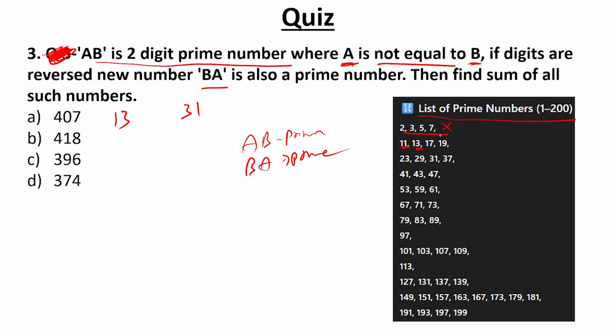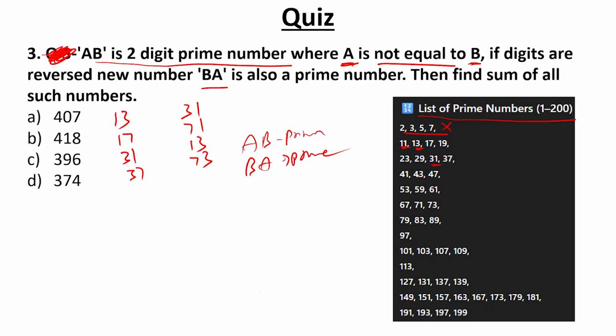Next, 17, reversed 71, is also prime. 19, 91? No, not possible. 23, 32, not possible. 29, 92, not possible. 31, 13, possible. 37, 73, yes, it's possible.